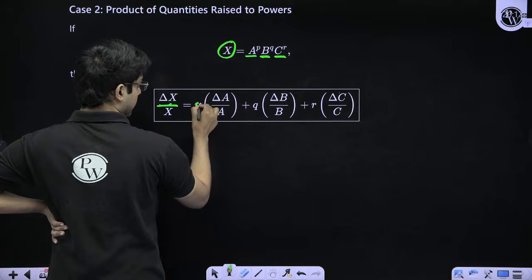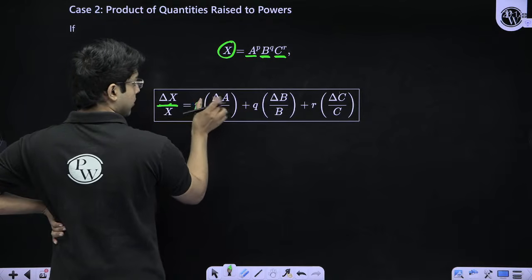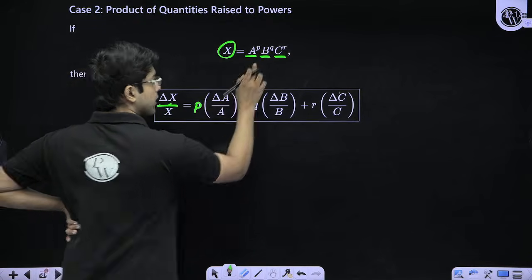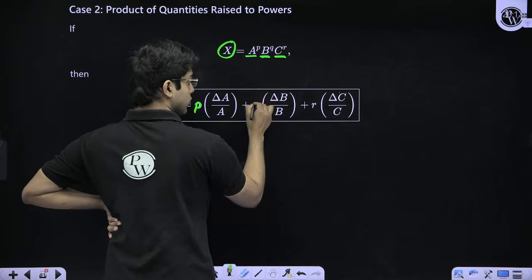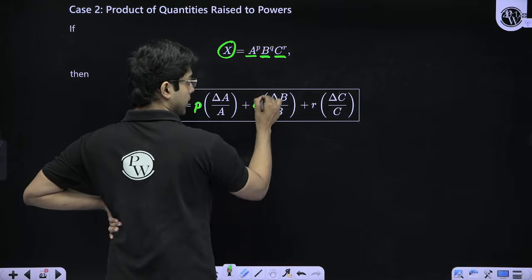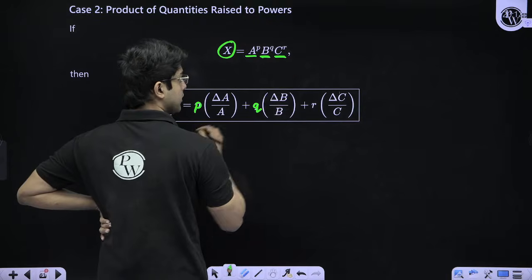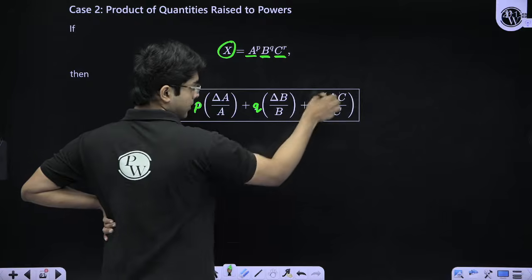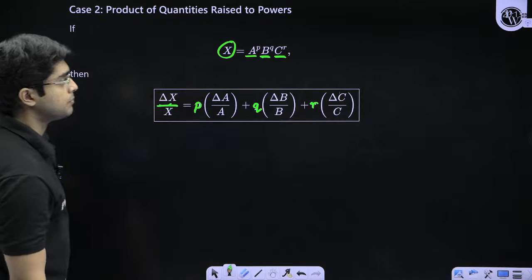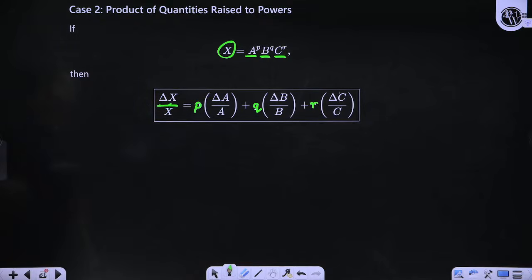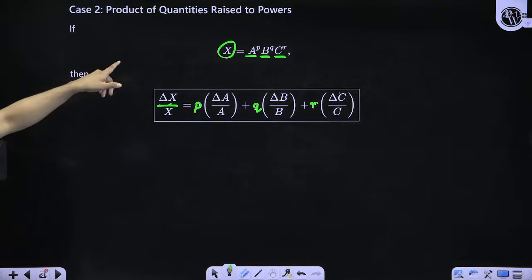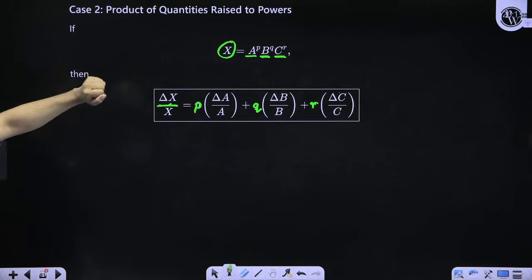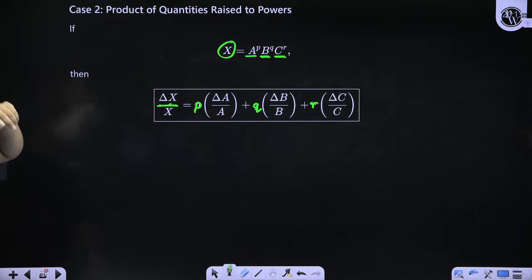So p will come up front, multiplied with the fractional error of a, and power of b is q. So q will come here, multiplied with the fractional error of b, and power of c is r. So r will come here, multiplied with fractional error of c. Okay, so that is how we write the percentage error when we have a raised to p multiplied with b raised to q multiplied with c raised to r.